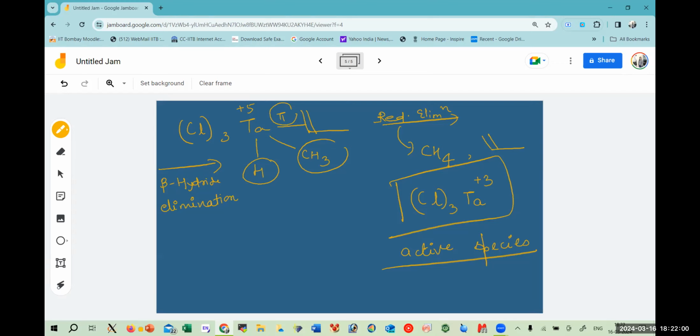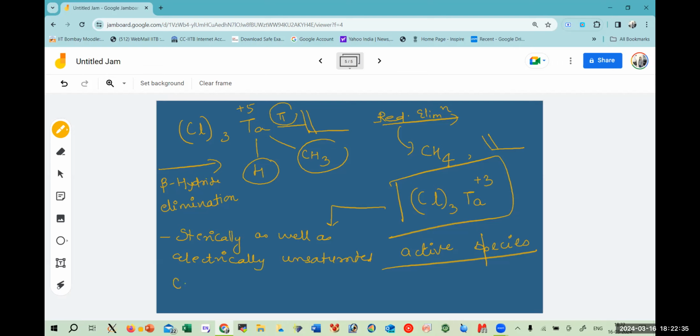Now this +3 state would undergo reaction to make the trimer product of your ethylene. If you see the different features of your tantalum trichloride, it is sterically as well as electronically unsaturated, which means the coordination number can easily go from 3 to 5.